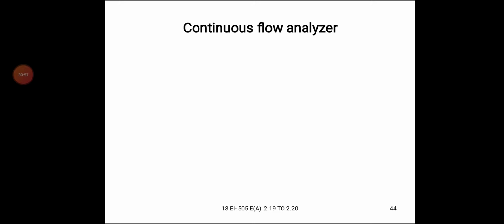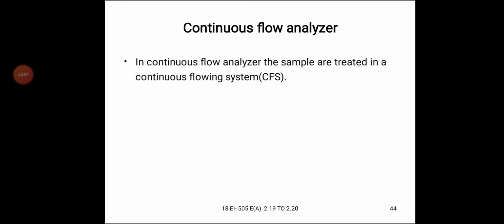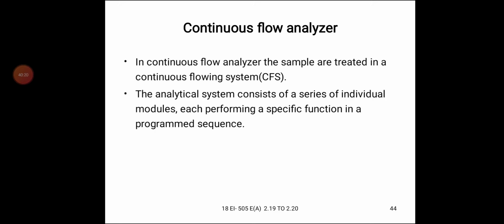The next type of auto analyzer is the continuous flow analyzer. In the continuous flow analyzer, the sample is treated in a continuous flowing system, CFS. The analytic system consists of a series of individual modules, each performing a specific function in a programmed sequence.